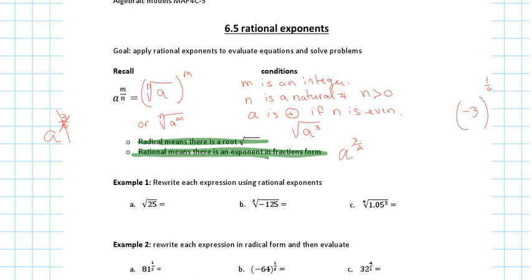Make sure you put the negative 3 in brackets, and you have to put the 1 over 4 in brackets too.